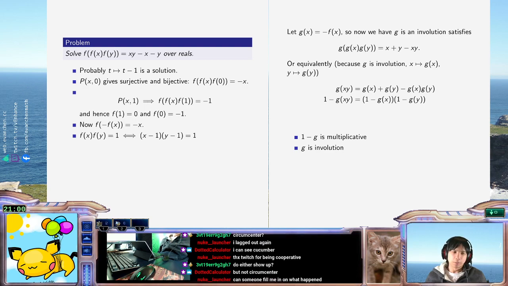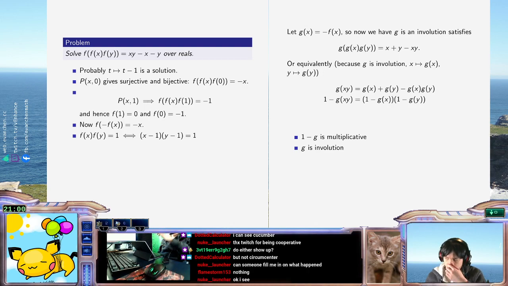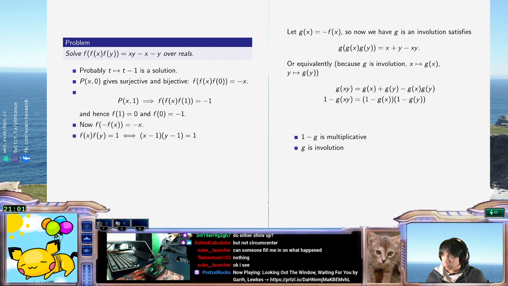Just pretend you took log base 10 or something. Can someone fill me in on what happened? We got to 1 minus g is multiplicative. I haven't done anything much else. I'm trying to be gentle, but at some point I need to just throw the hammer.